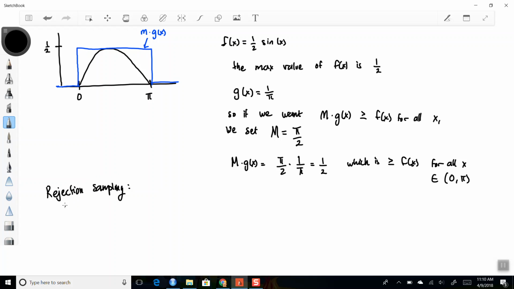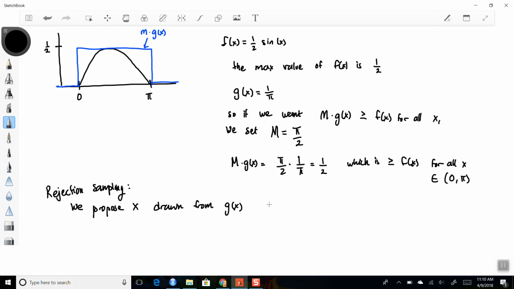First, we will propose x drawn from g of x.